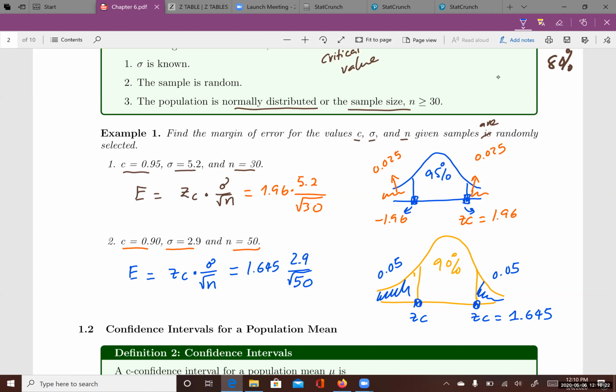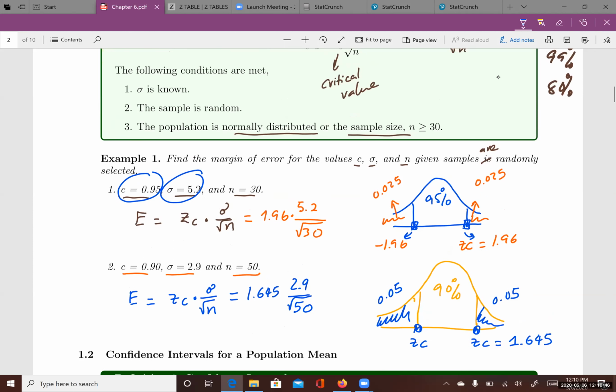All right, so we just need to do these calculations, and we have a margin of error given a level of confidence, given that the population standard deviation is known, and also the sample size is at least 30, or the population is normally distributed.